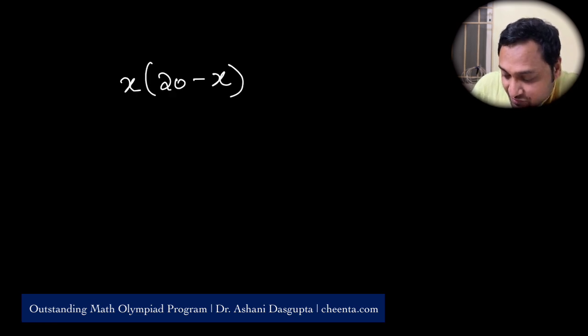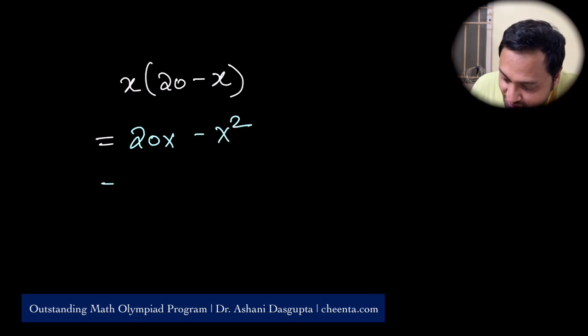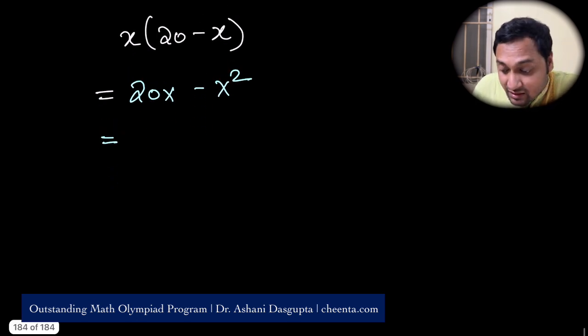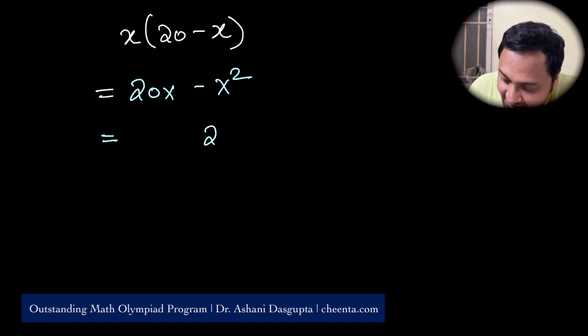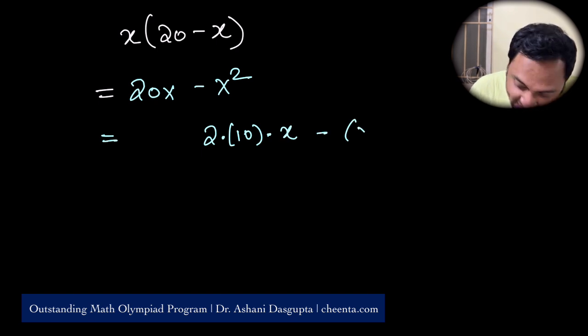So x times 20 minus x, if I expand it, I will get 20x minus x squared, which is equal to, now I'll make a little bit of algebraic manipulation. I'll write this 20x as 2 times 10 times x, and this as x squared.